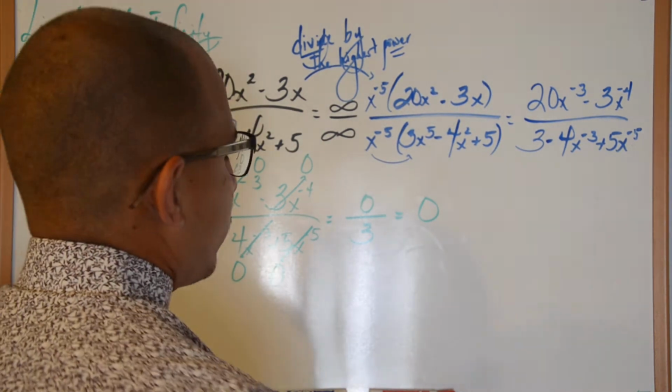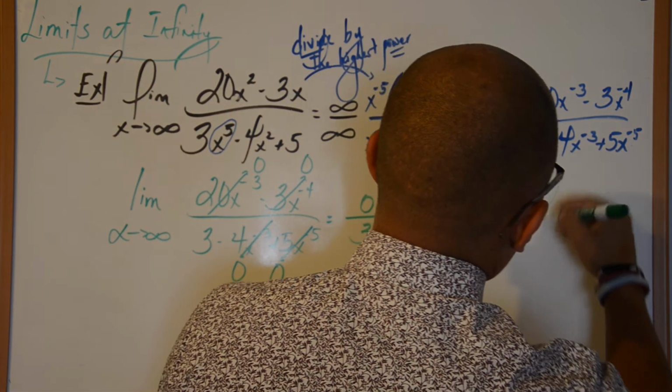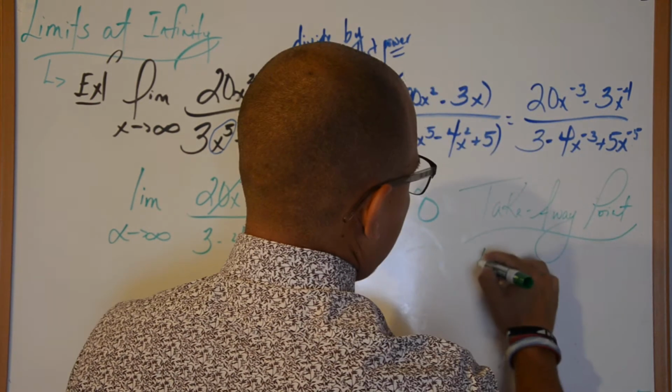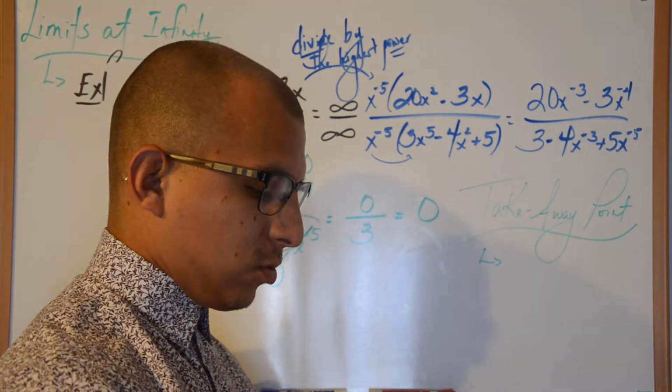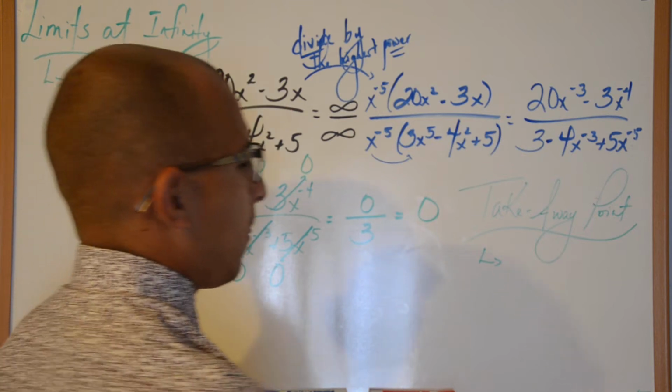And what's, I guess, the takeaway point here? You're either a student in calculus in high school, or you're a college calculus 1 or 2 student. You've been doing this for years.